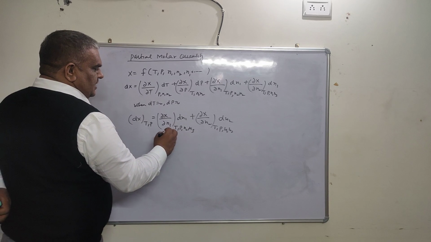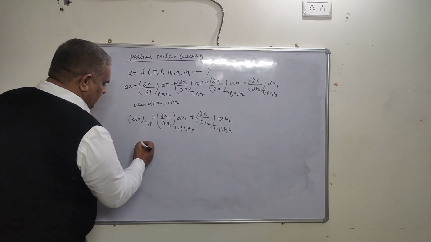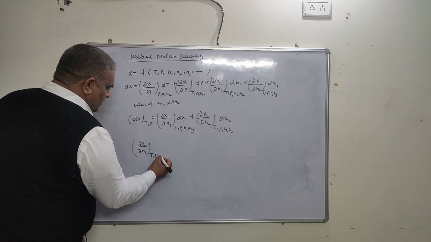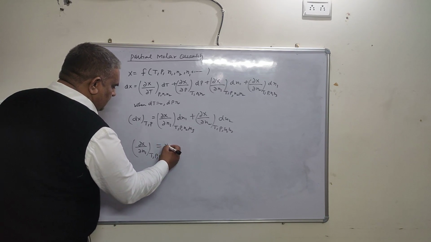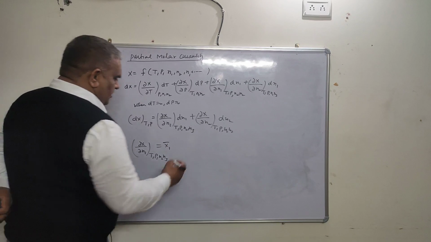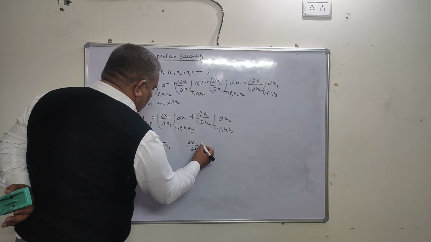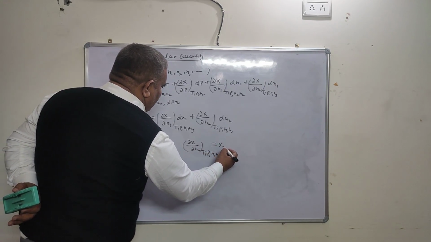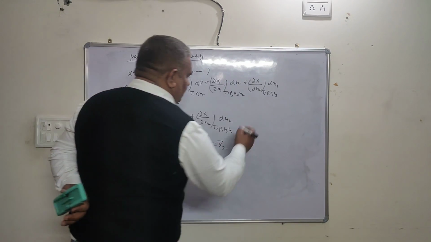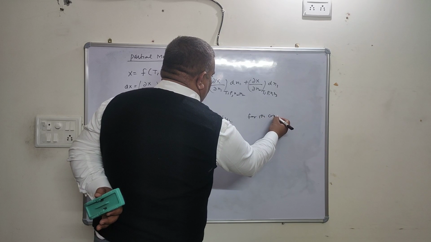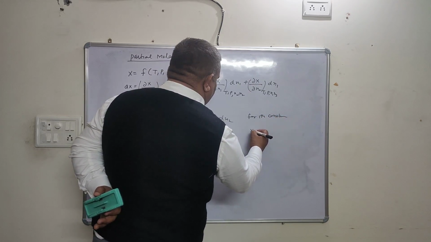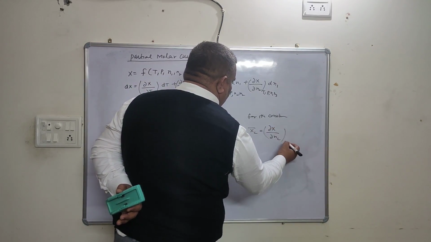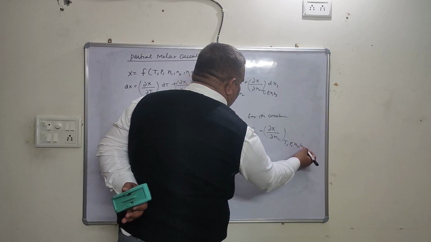these quantities on the right hand side are called partial molar properties. That is, ∂X/∂N1 at constant temperature, pressure, N2 and N3 is X1 bar, and ∂X/∂N2 at constant temperature, pressure, N1, N3 is X2 bar. For the ith constituent, this is Xi bar, ∂X/∂Ni at constant temperature, pressure and composition of the system.